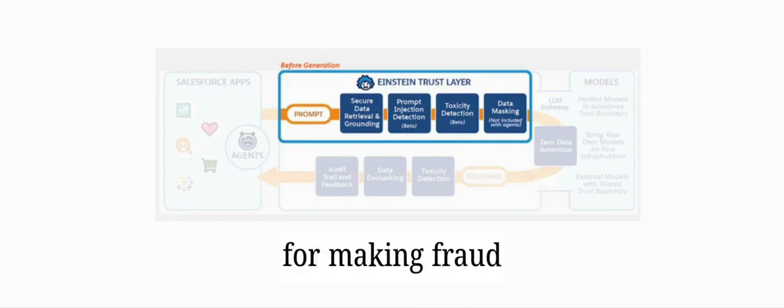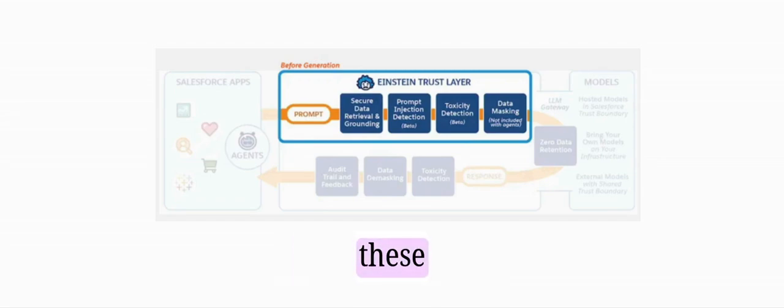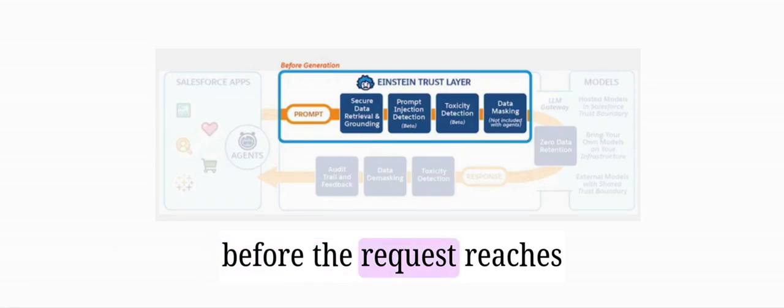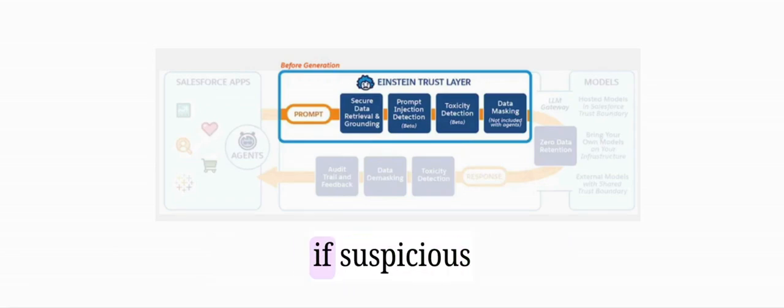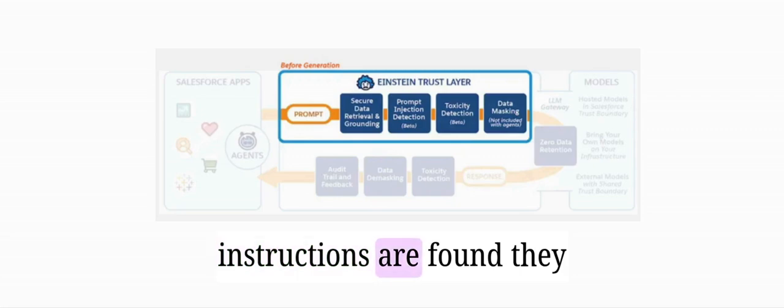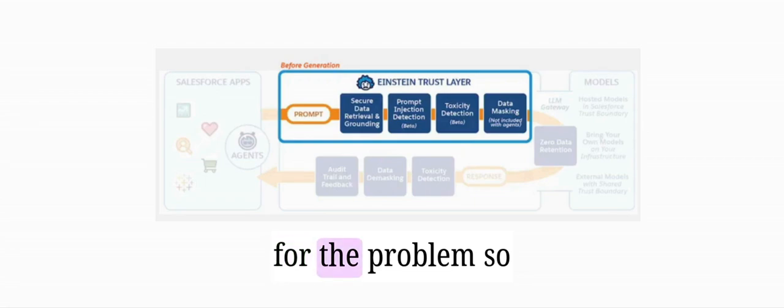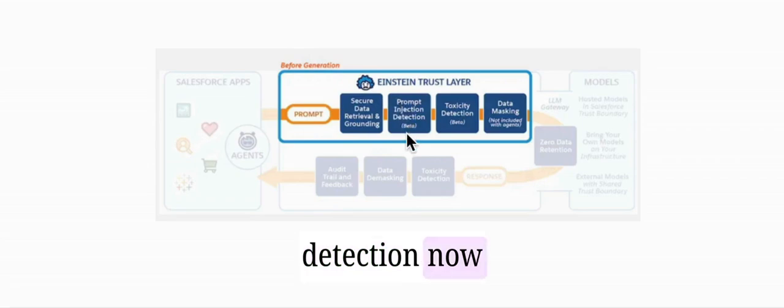These kinds of things can be done for fraud. These are called prompt injection attacks, and Salesforce detects them before the request reaches the LLM. If suspicious instructions are found, they are blocked. Think of it as an antivirus for the prompt.